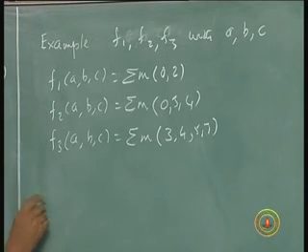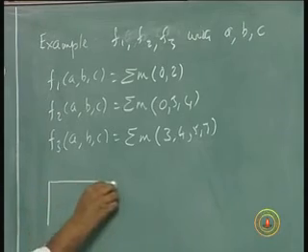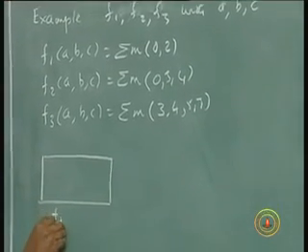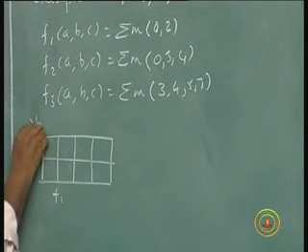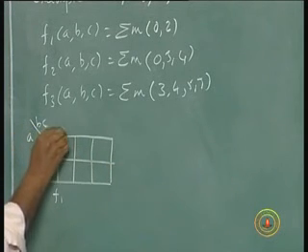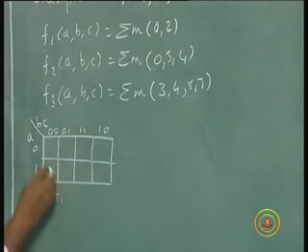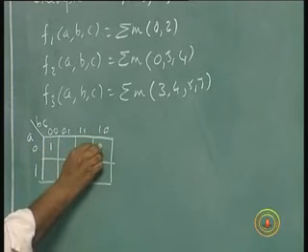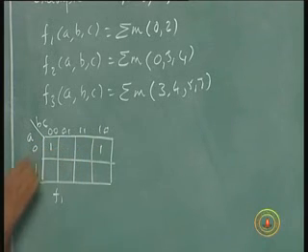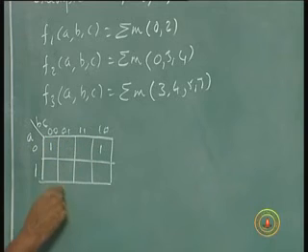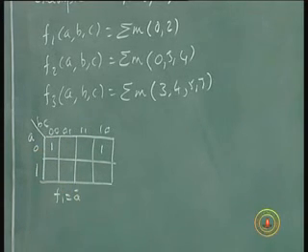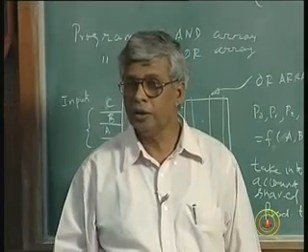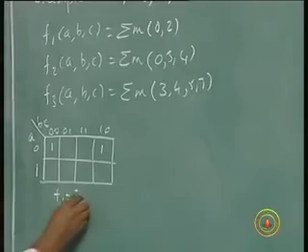Now, if I draw the corner map for each one of them, corner map for F1, 0, 1, 2, 3. So this is what? A bar? A bar, C bar? Yes. Why are you hesitating?